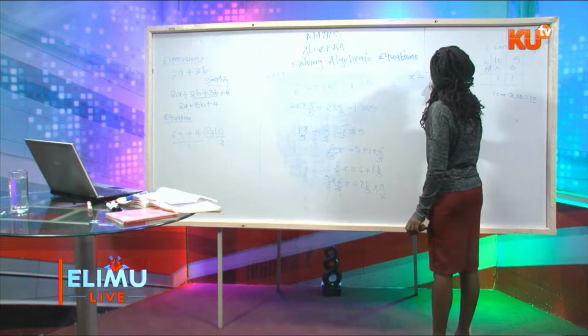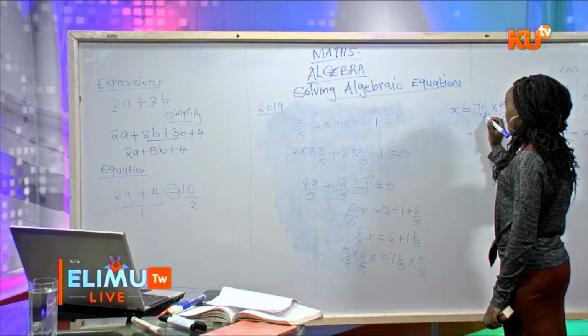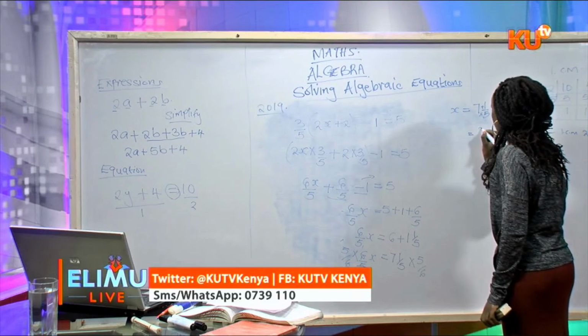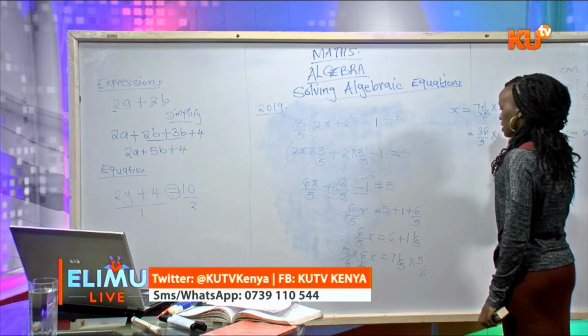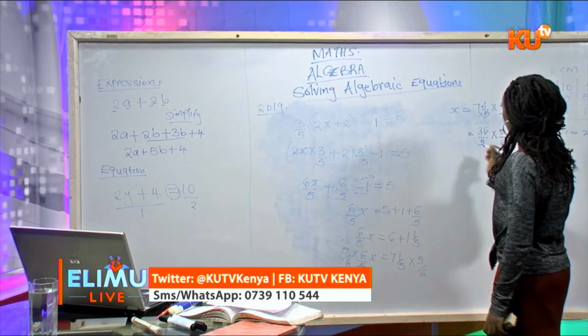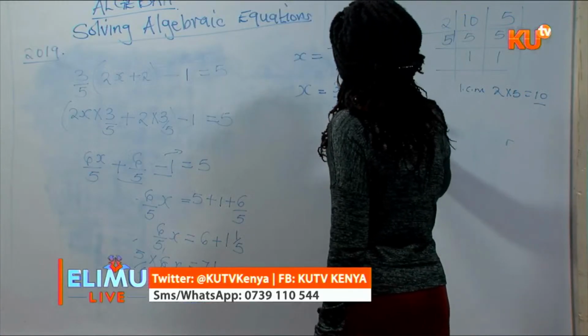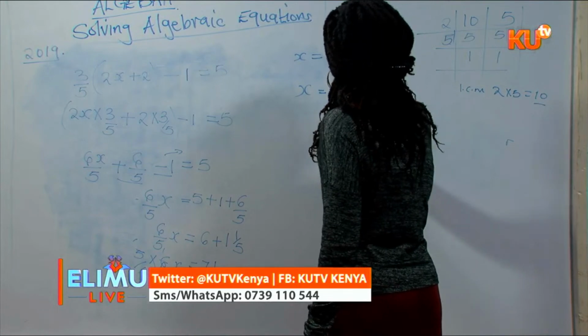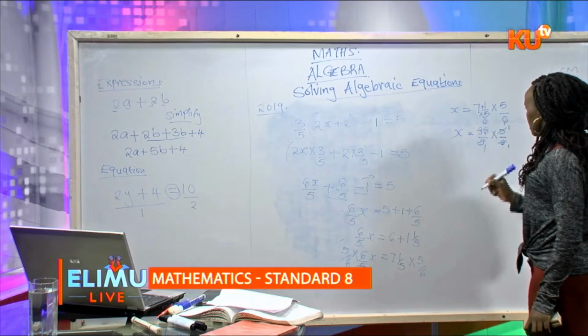So 7 times 5 plus 1. 7 times 5 is 35 plus 1, we get 36/5 times 5 over 6. So from there now we try to simplify. We can simplify this by 5, 1, by 5, 1, by 6, 1, by 6, 6.